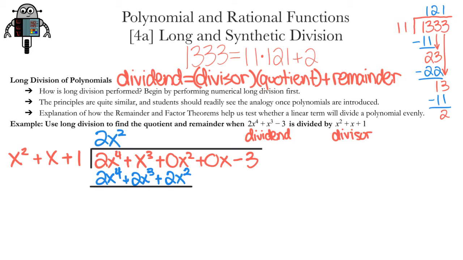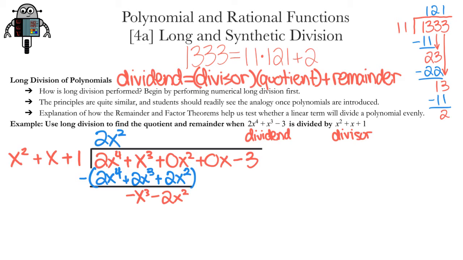And just like long division of numbers, we subtract the entire expression we just found. 2x to the 4th minus 2x to the 4th is 0, so we don't write that. X cubed minus 2x cubed is negative x cubed. And 0x squared minus 2x squared is negative 2x squared.